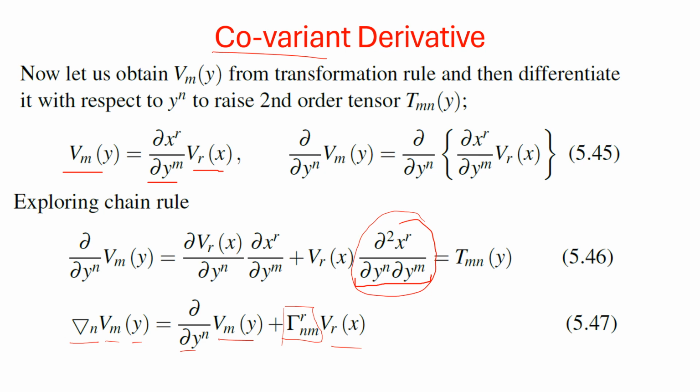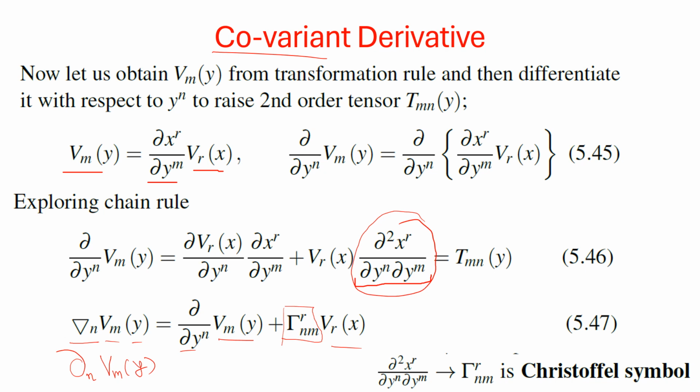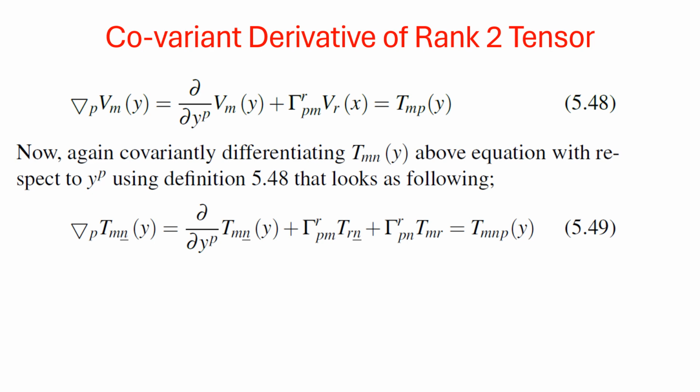So sometimes some authors write this as del n, the covariant derivative of Vm, which depends on variable y, this kind of thing. Okay, so this is the Christoffel symbol. Fine. So here I am operating the covariant derivative on a second rank tensor, wherein we have del p operated on Vm.